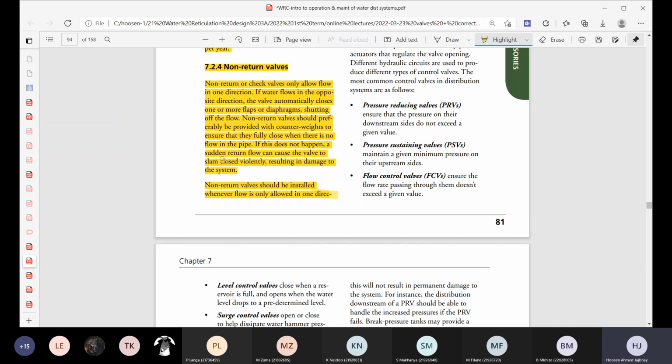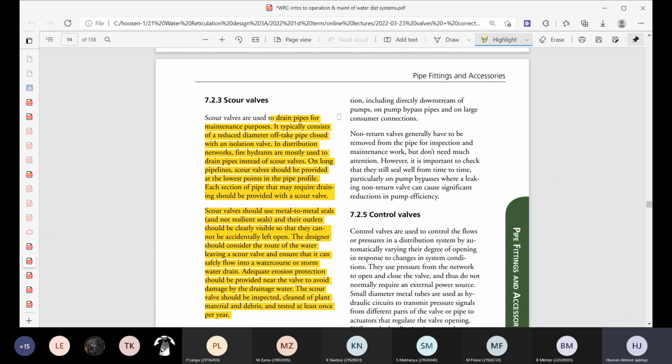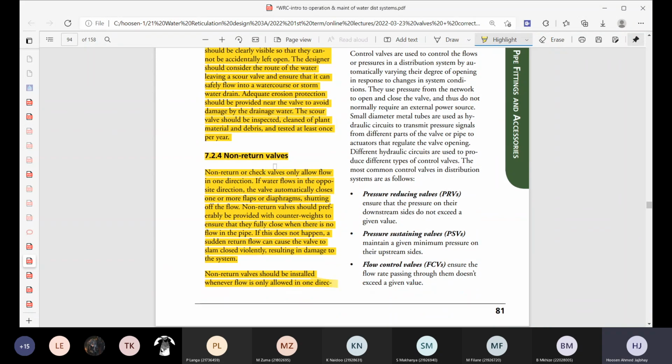You may not have an air release valve or vacuum release valve in a particular section of the pipeline, and then you would want to prevent it from emptying out. So the water that's in it must remain in it. So that would be one of the reasons that you would provide non-return valves. Right? So where you only want flow to occur in a certain direction, you would install a non-return valve.